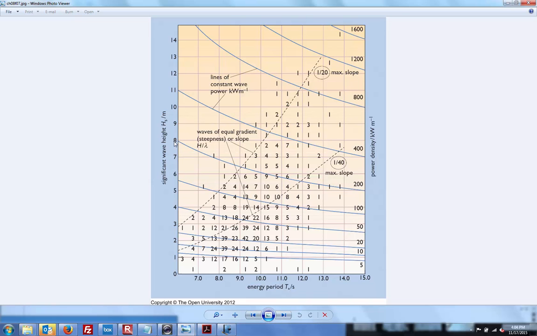You could have the same high wave, but if you come over here and it's not coming in as frequently, then the power is lower. That's why these blue curves sort of swerve down and to the left. So they're accounting for both how high it is and how frequently it's coming in.